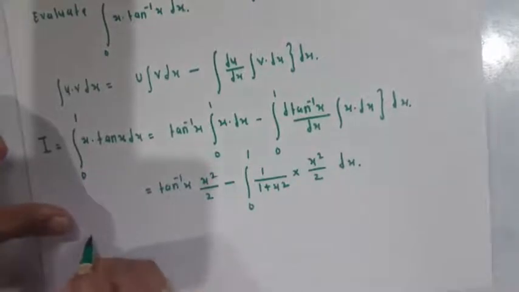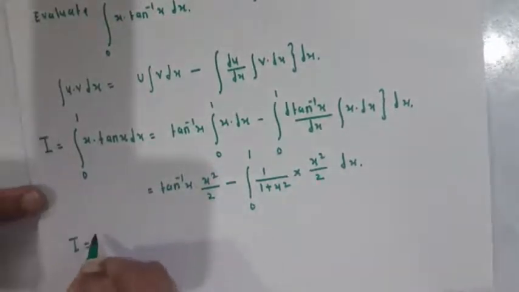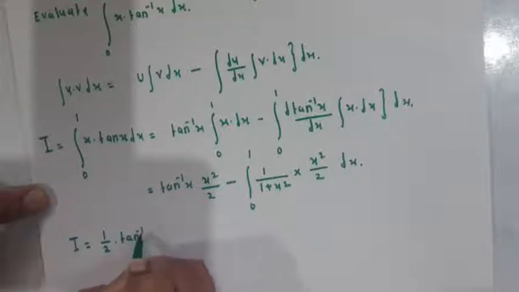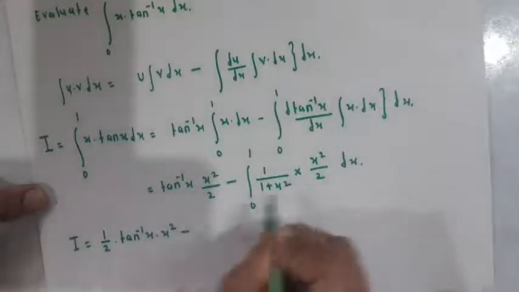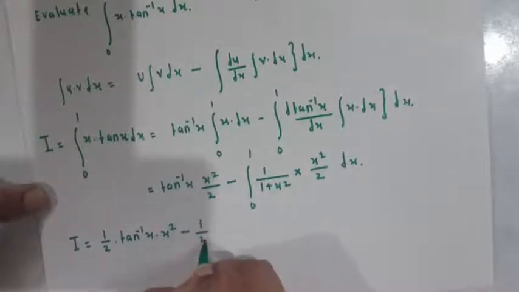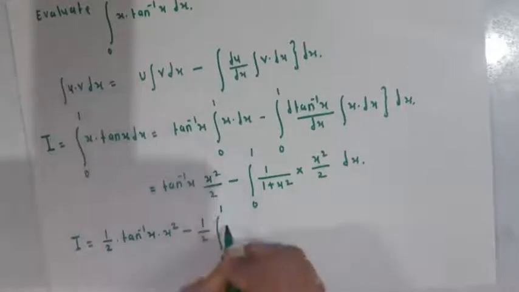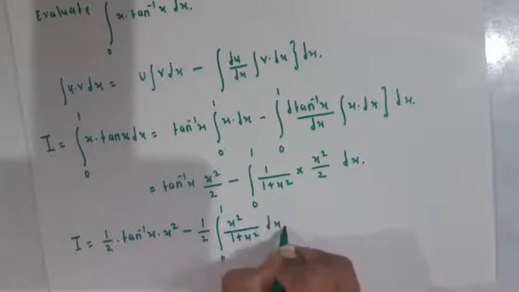So the integration I equals 1 by 2 tan inverse of x into x square, minus 1 by 2 outside the integration, limits 0 to 1, of x square upon 1 plus x square with respect to x.